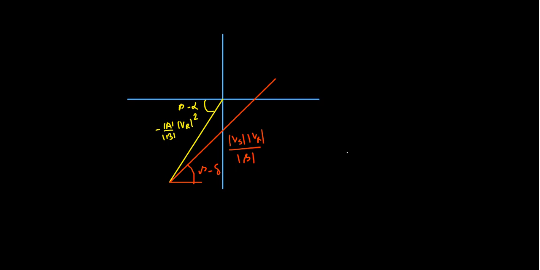So if we consider this as a generator which is supplying supply voltage Vs at an angle delta through a transmission line to the receiving end, whose voltage is given by VR at an angle 0, and it is supplying the load of SR, which is equal to PR plus j times QR.